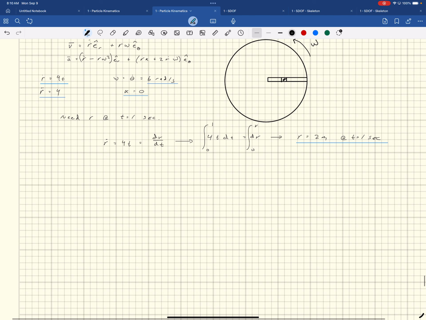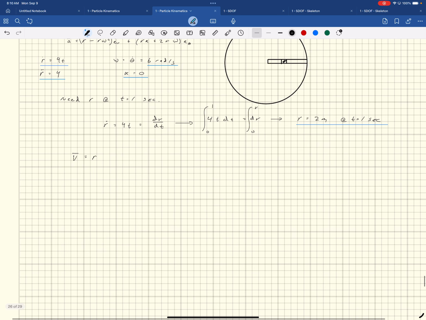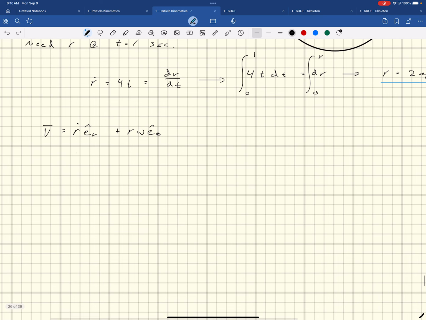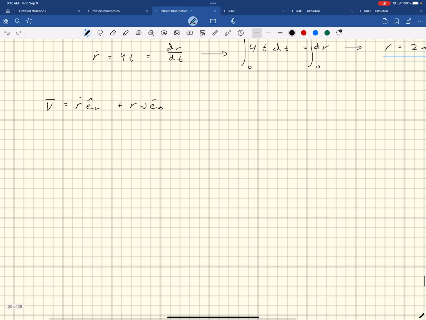So back to velocity. The velocity was R dot in the ER hat direction plus R omega in the E theta direction. I just wrote that up above earlier. So R dot is 4t. And it's saying to figure this thing out at 1 second. So V is equal to 4 times 1 second.